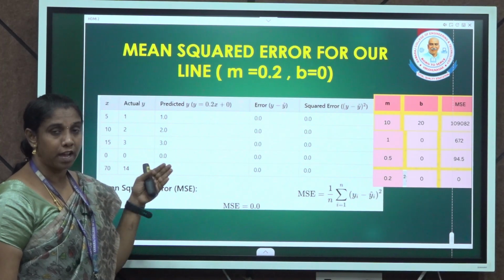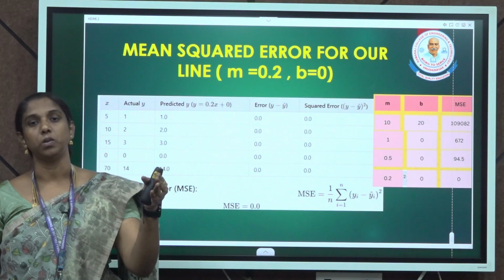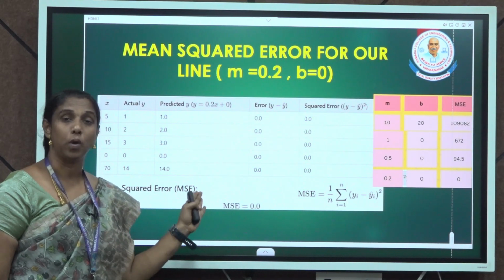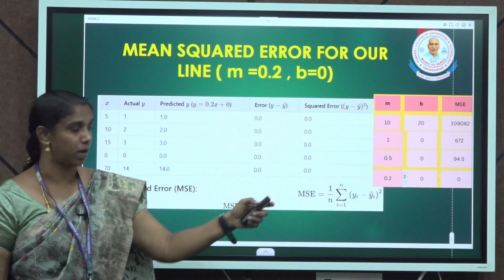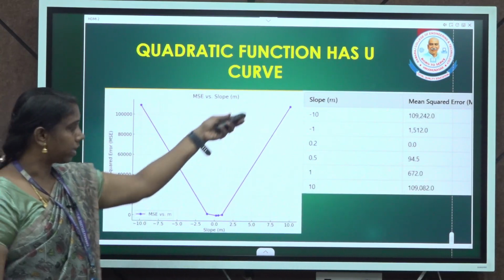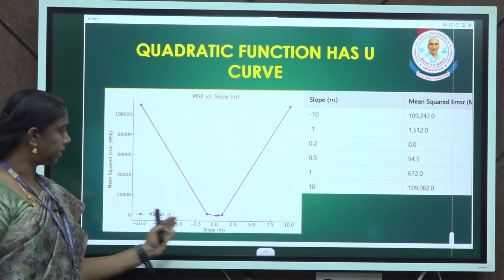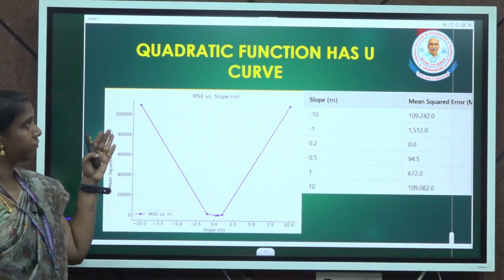If I am getting the mean squared error as 0, then the slope and intercept values should be correct. After calculating these errors, I am going to draw a graph of these inputs against the mean squared error for this particular data set. I get the function as a U curve.